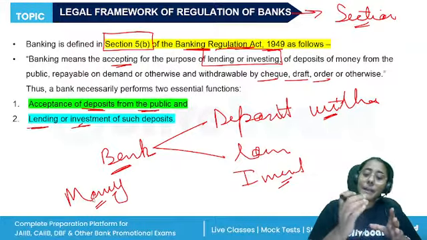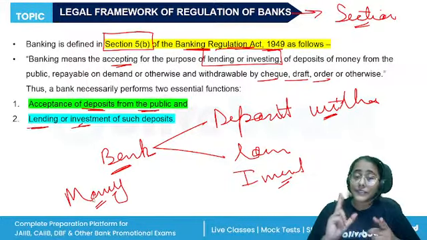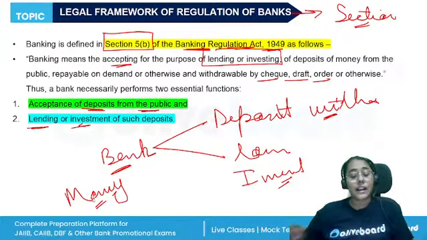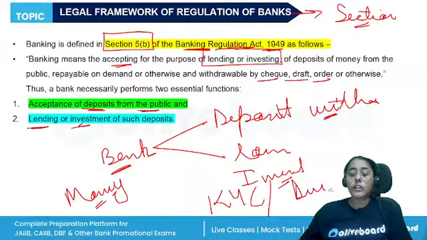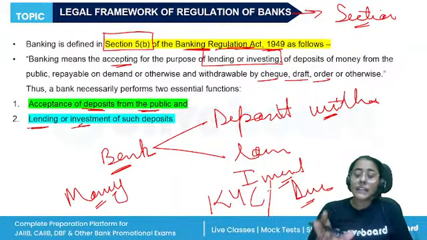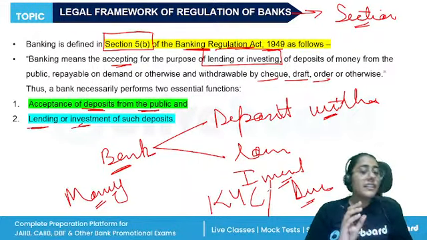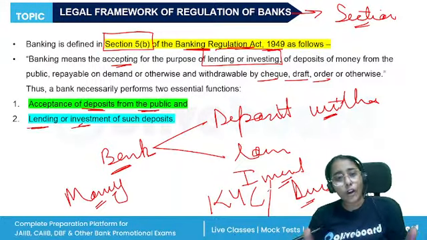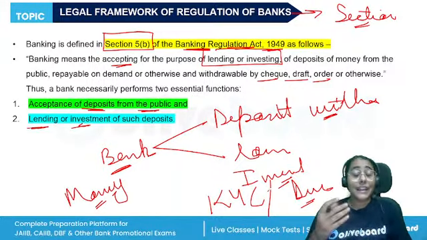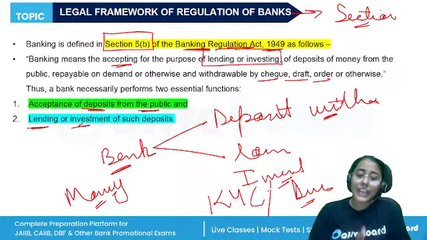Also, when they're accepting deposits from the public, it is important that the banks consider the KYC norms, they carry out due diligence, and they accept deposits only from the respectable customers. Wherever there are chances of money laundering, corruption, terror financing, anything like this, banks can also reject to open.